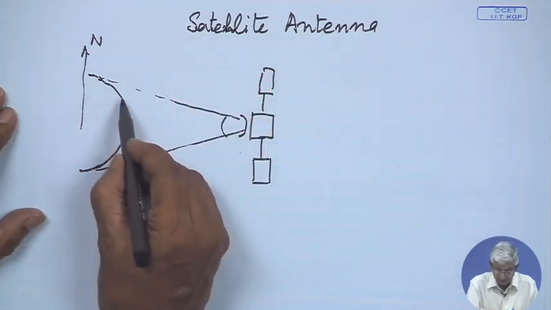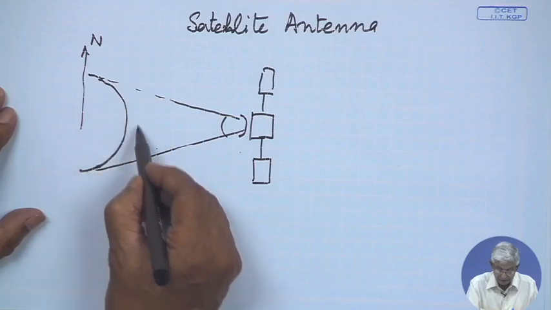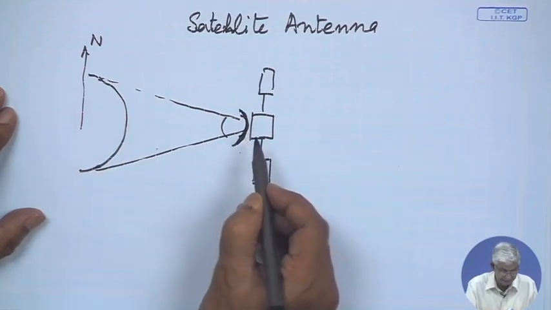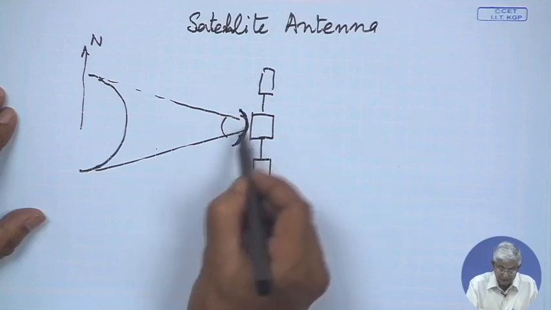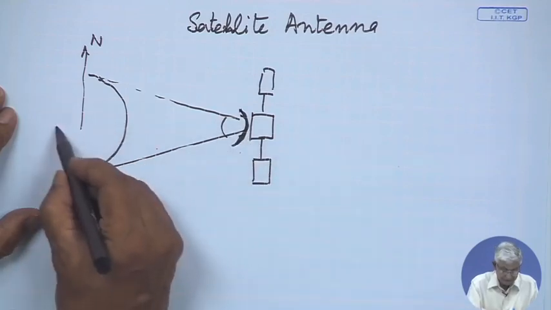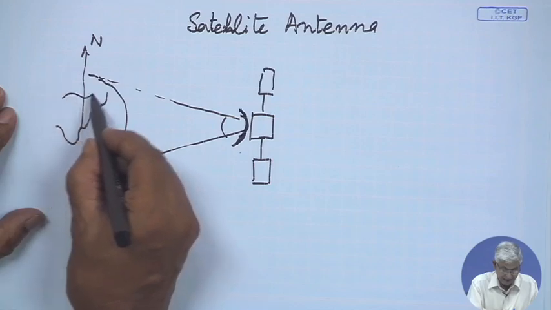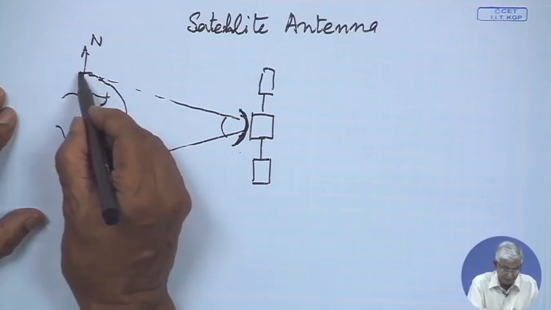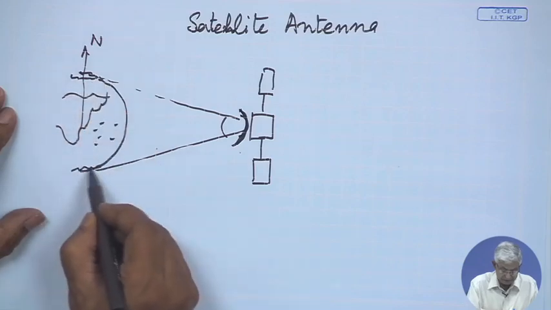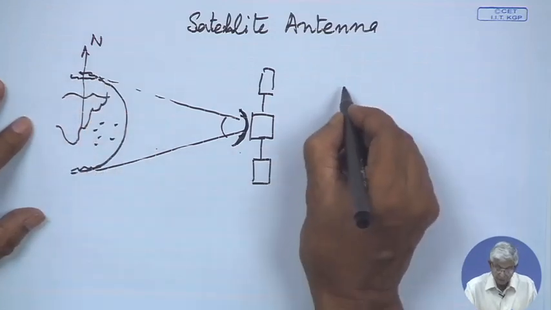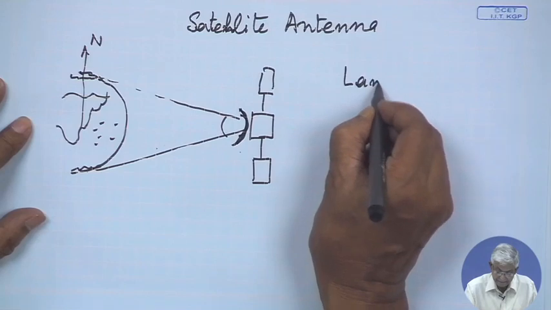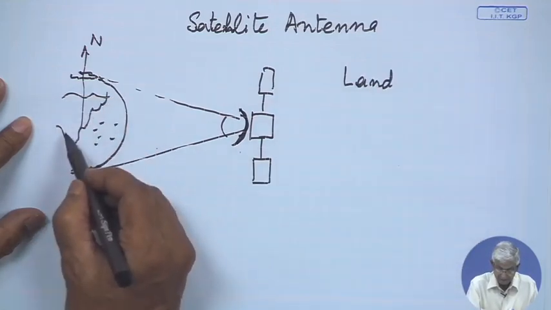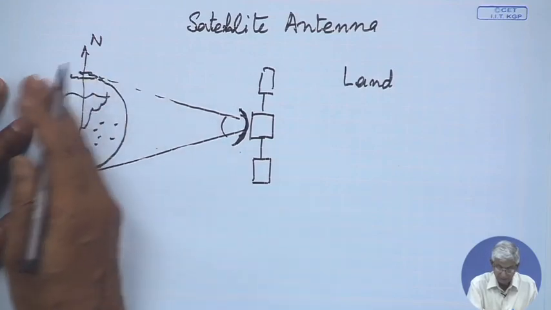So, in addition to the signal power, the noise power coming from earth will be seen by this satellite receive antenna. And what does that noise power see? There is a land part, there is an ocean part, and there is a pole, where there is ice. So, it sees land, which has a higher temperature, obviously it is radiating more.